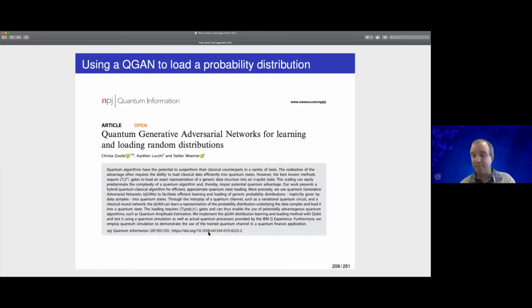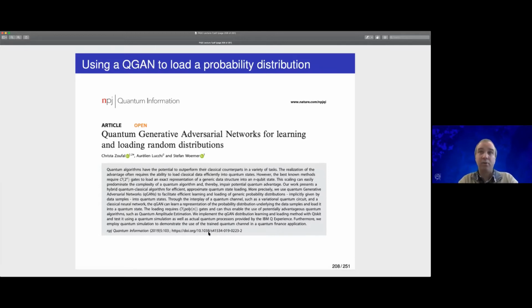Okay, this is an interesting problem because in general, if you need to load a distribution in a quantum circuit, there is no efficient way that we know of to do this.